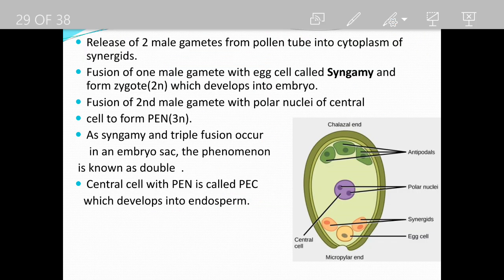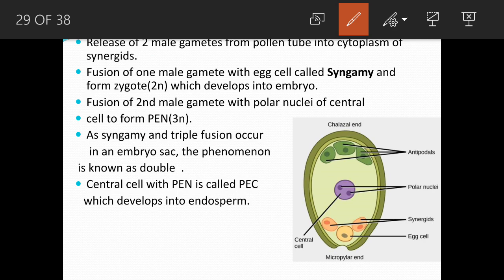Now the next important step is double fertilization. There is release of two male gametes. When the pollen tube enters the micropylar end, it releases the two male gametes into the cytoplasm of the synergid.